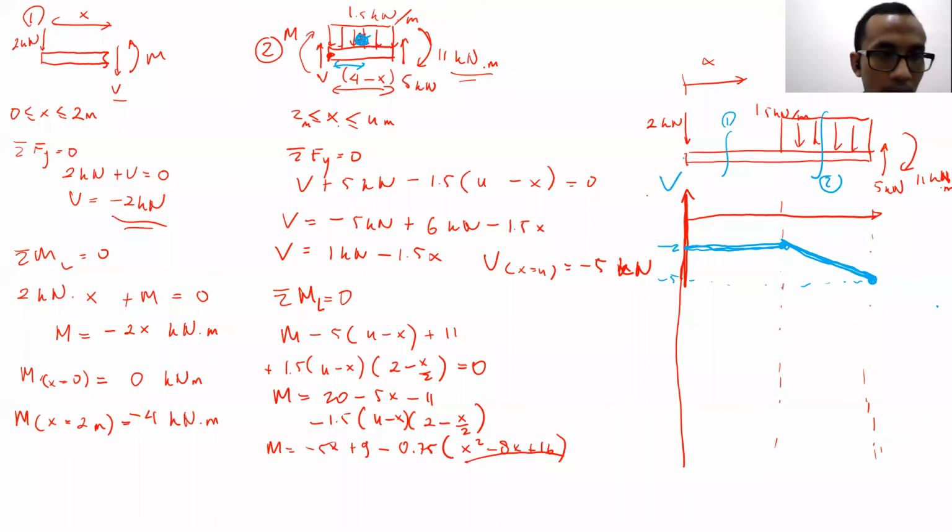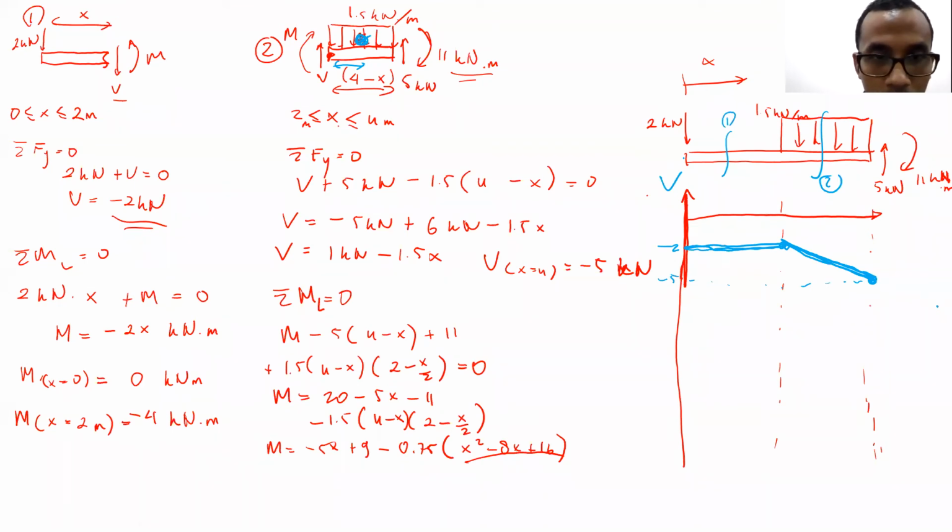Our moment diagram now is slightly more complicated, because of the x value. Because there is a distance there, right?